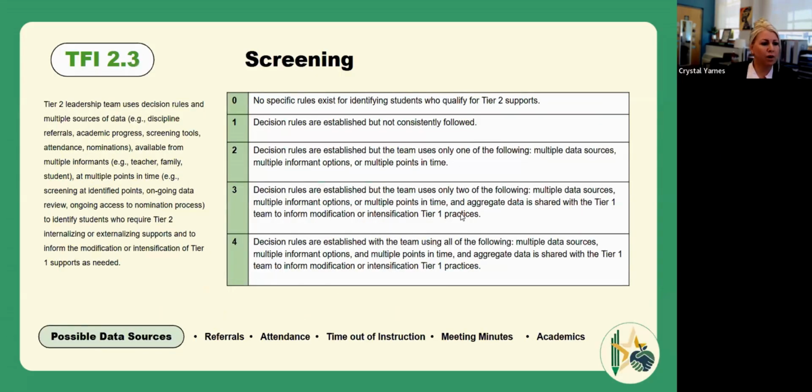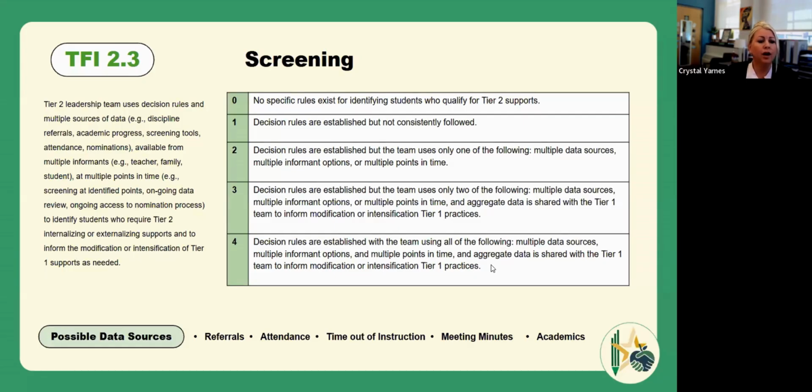As many of you know, here is the rubric for the TFI 2.3 screening. Looking at a 4, the decision rules are established with the team using all of the following. The biggest piece with this is the multiple data sources, so multiple informant options, looking at not just one specific data source.